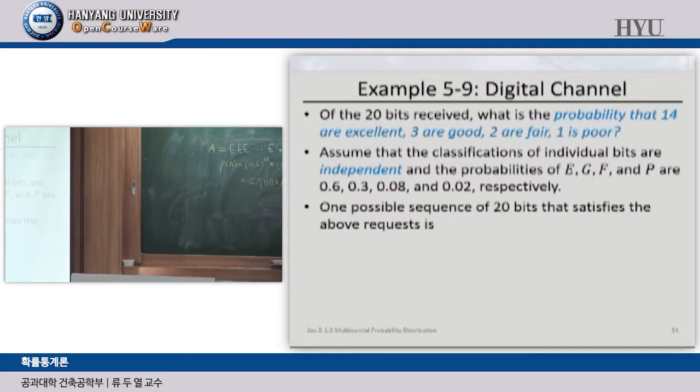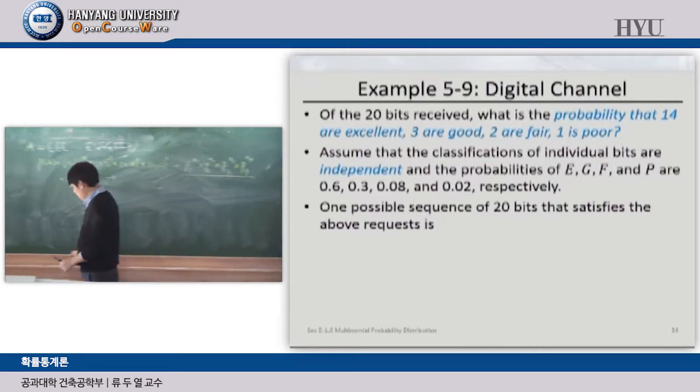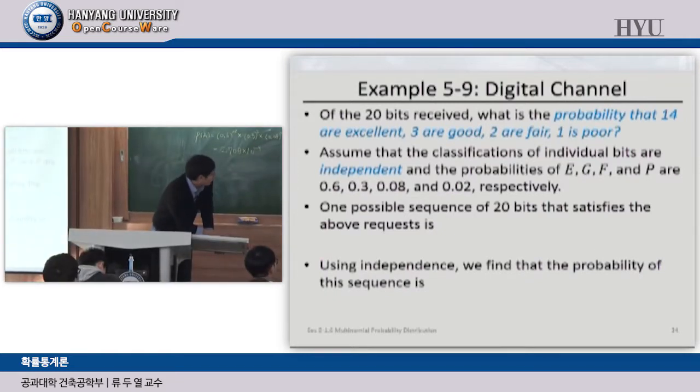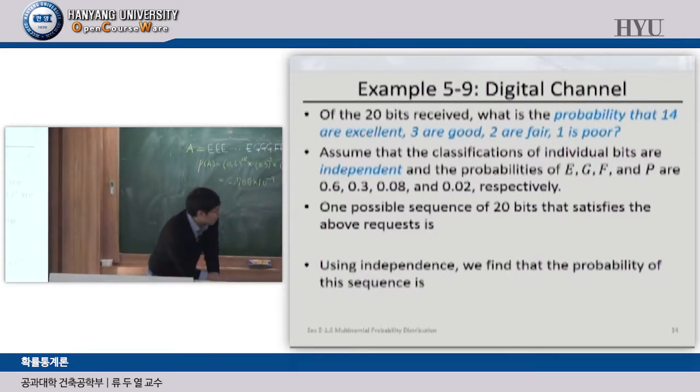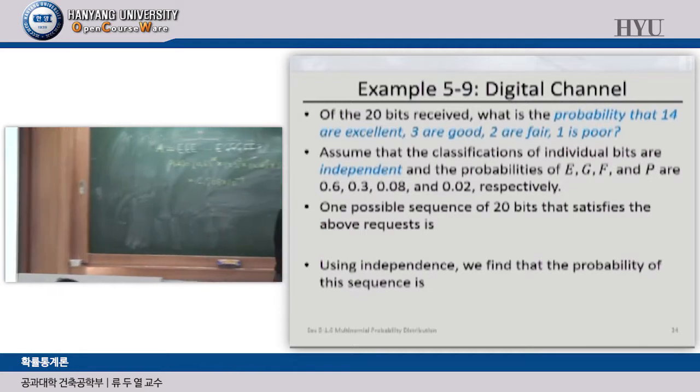What is this? That is probability 1 to the x1 power, times probability 2 to the x2 power, times probability 3 to the x3 power, and probability 4 to the x4 power. Okay? So using independence, we find that this is the probability for the case of one possible sequence.